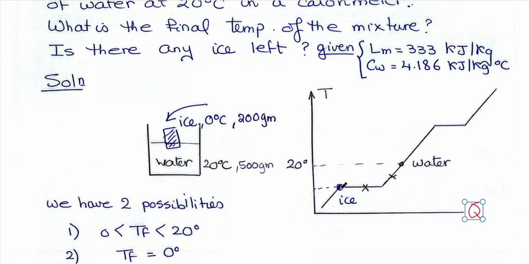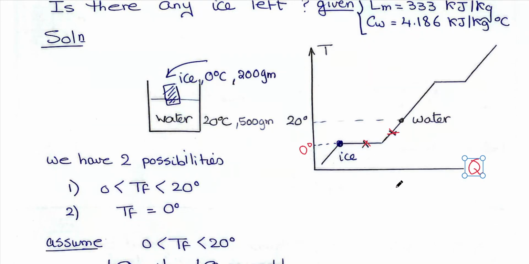Ice is at 0 degrees. Water is at 20 degrees. They will meet in between at T final. Either T final is 0, this point, or T final is from 0 to 20.